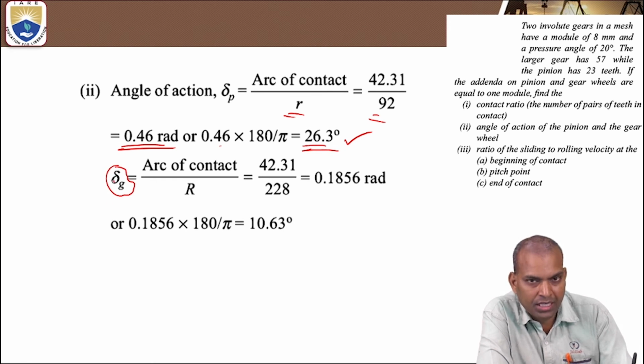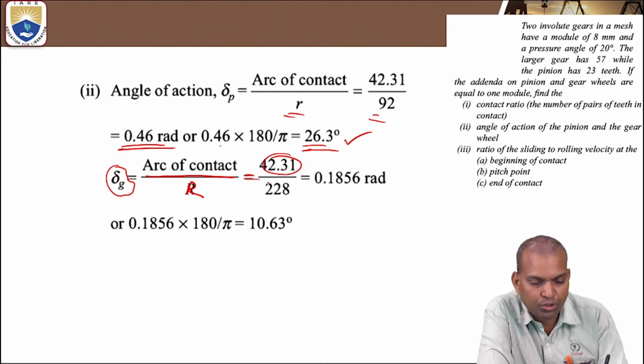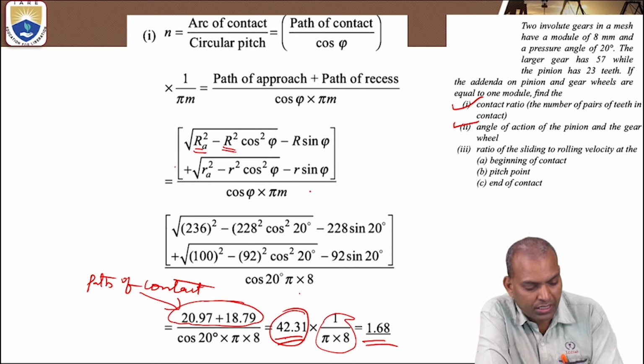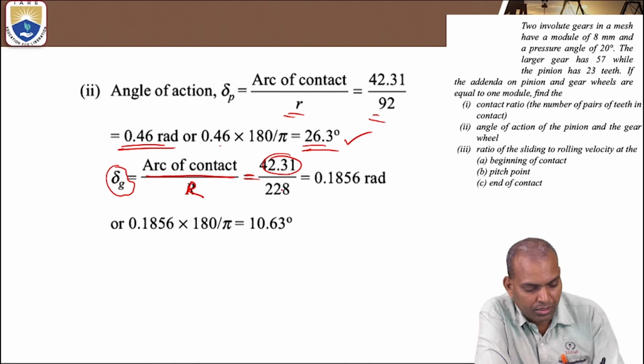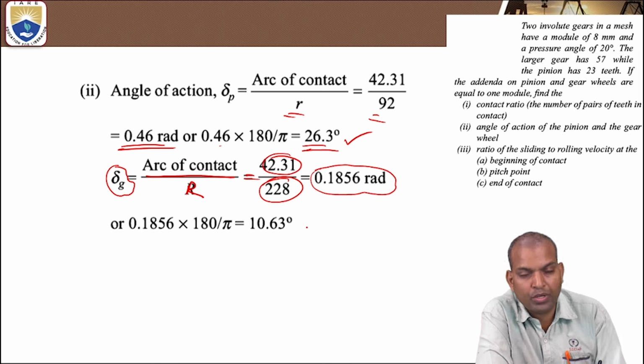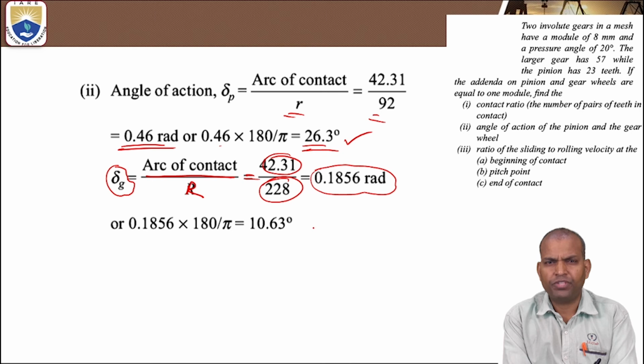Now for the angle of action on the gear. The angle of action on the gear equals arc of contact by pitch circle radius of the gear. That arc of contact we know is 42.31. What is the pitch circle radius? Capital R, 228. Then it is 0.1856 radians.